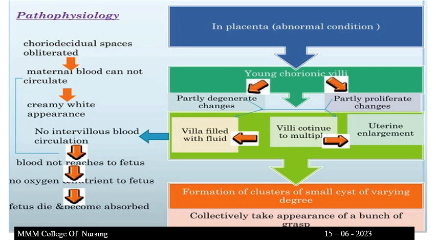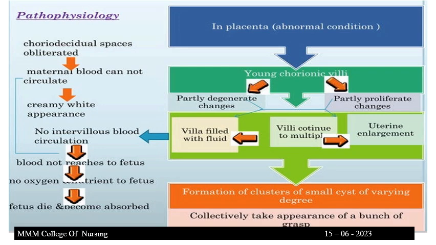Here, because of the block, the maternal blood cannot circulate. Creamy white appearance will occur, and because there is no intervillous blood circulation, the blood will not reach the fetus, and no oxygen and nutrients reach the fetus, and the fetus dies and becomes absorbed. So this is what happens to the fetus.